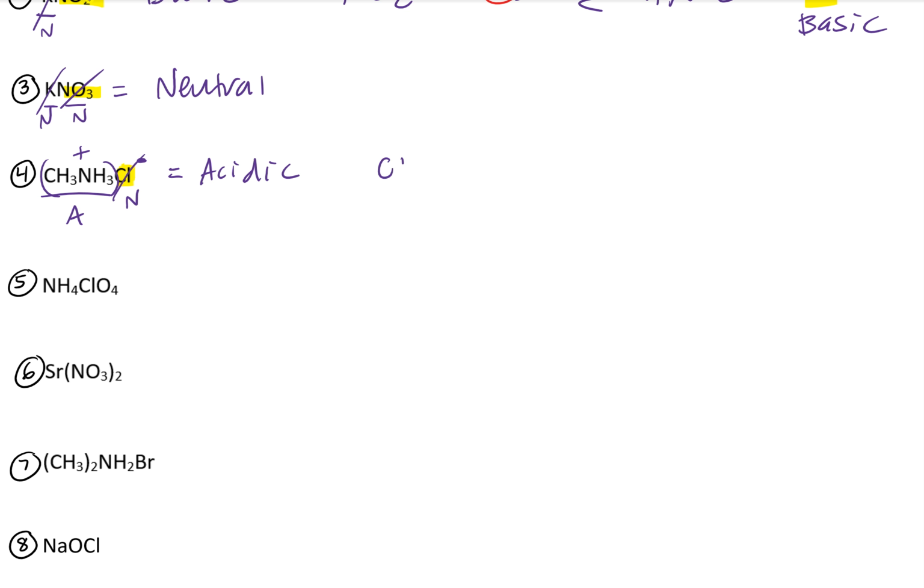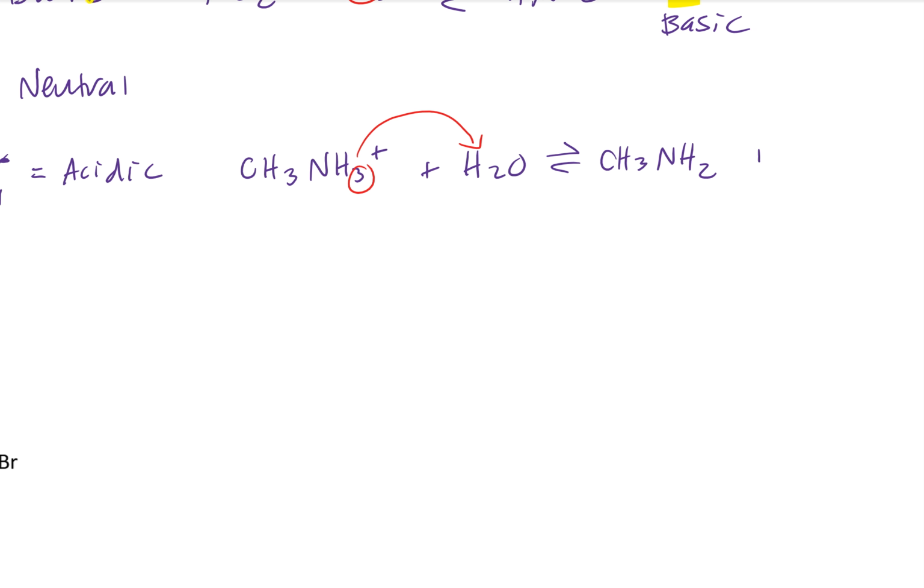And so if I wanted to write the reaction with water, this behaves as an acid by giving away one of its hydrogens to the water, producing CH3NH2, and the water turns into hydronium. The presence of this hydronium makes this solution acidic.